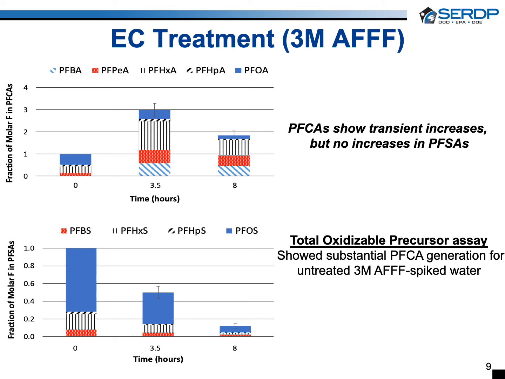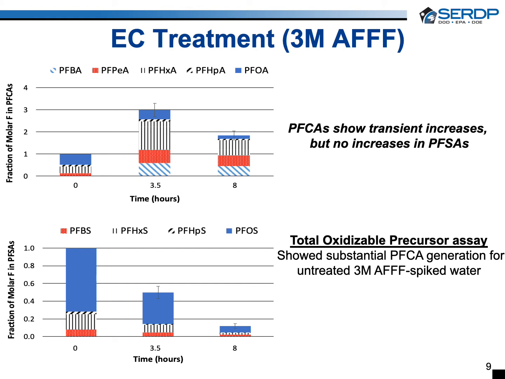So this was a good confirmation that the TOP assay, the total oxidizable precursor assay, was a pretty good indicator of what we would see going on electrochemically in terms of the perfluorinated carboxylates. It was also very consistent with the previous couple of slides, where we showed all of these polyfluorinated compounds present based on our libraries. All three of these types of tests and approaches showed a very consistent story: we had a lot of these polyfluorinated compounds present, they had structures that looked like they could form, in this case, perfluorinated carboxylates, and that's what we got here.